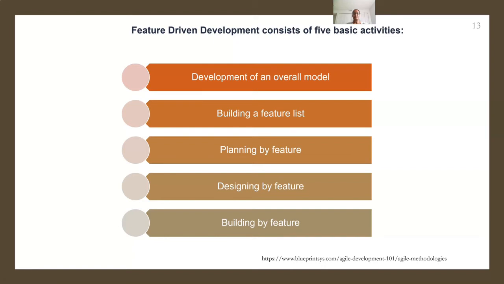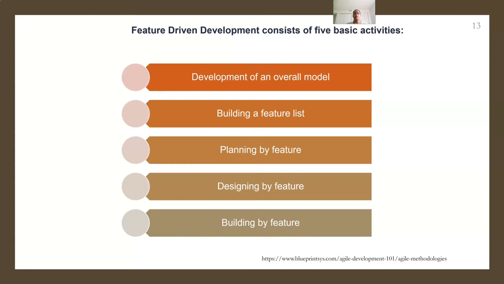FDD begins by establishing an overall model shape, which will result in a feature list. It then continues with a series of 2-week plan by feature, design by feature, build by feature iterations. The features are small, useful in the eyes of the client.